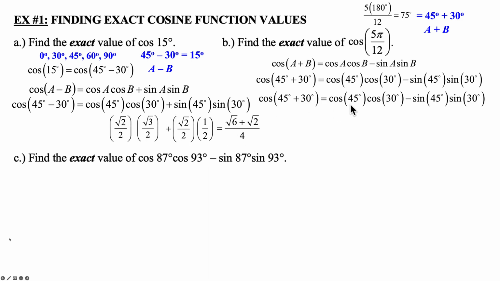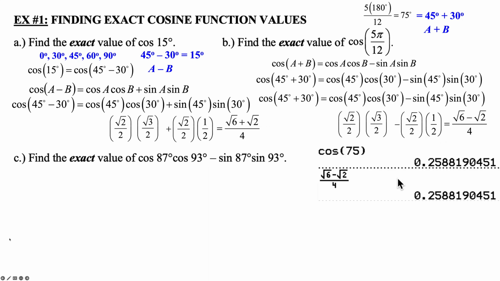So radical 2 over 2 times radical 3 over 2 minus square root of 2 over 2 times 1/2. Crunch the numbers. The only thing that changes is the sign, plus to a minus. Check my answer. The cosine of 75 degrees is 0.2588. Type in that answer. I get the same decimal. All is well.